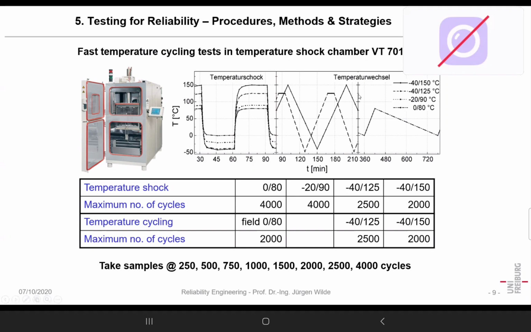That is slow temperature cycling, which is more representative of the real environment, you could say. The temperature shock, we must say, has additional stress compared to the slow temperature cycling.